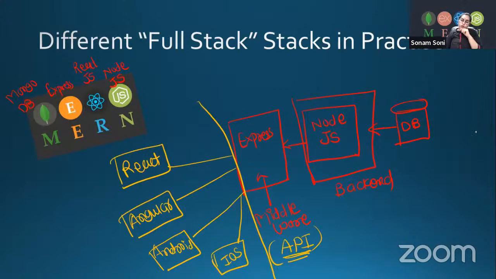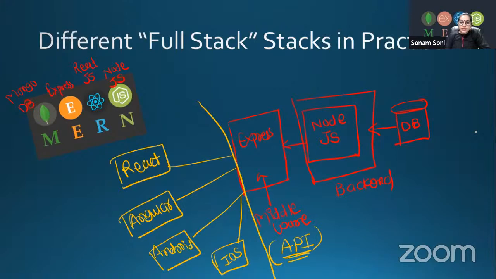Otherwise, what happened? For my Android Flipkart application, I have to create the database. For my iOS application, again I am going to create the database, and again I am going to create the backend. So it's a tedious task. I have to write the same code in different ways multiple times, which is time consuming. So create something common, and how you want to display it in the different applications, you can create separately, right?